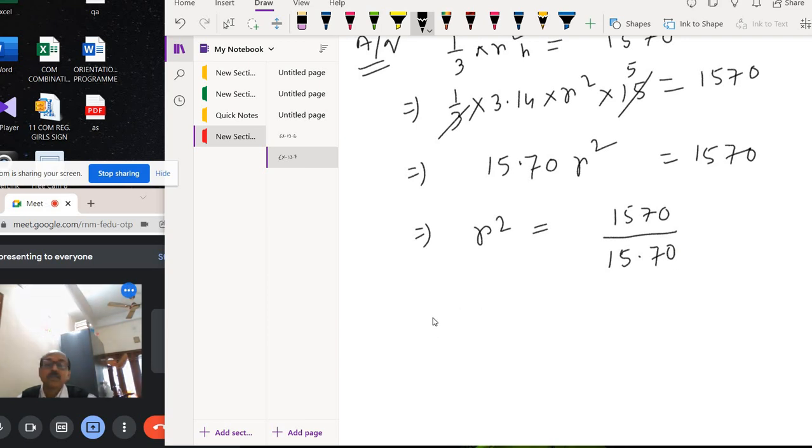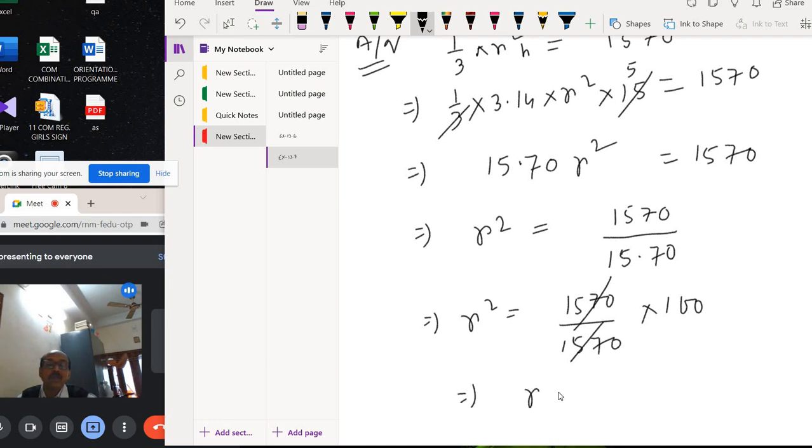Now we can write r square equal to 1570 by 1570 into 100. Now this cancels. So r square is 100, r equal to root 100, which is 10. So 10 centimeter. This is the radius.